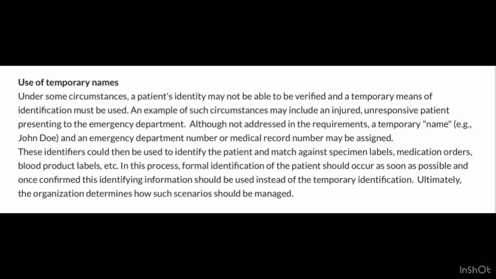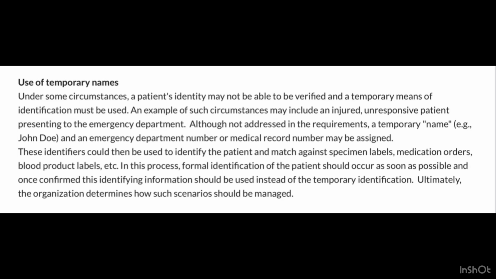Use of temporary names. Under some circumstances, a patient's identification may not be able to be verified, and a temporary means of identification may be used. An example of such circumstances may include an injured, unresponsive patient presenting to the emergency department. Although not addressed in the requirements, a temporary name, for example John Doe, and an emergency department number or medical record number may be assigned.